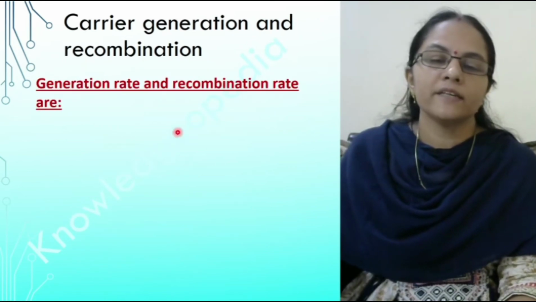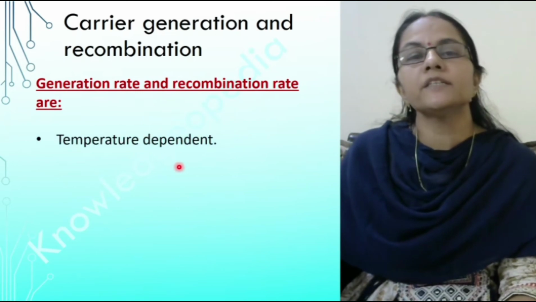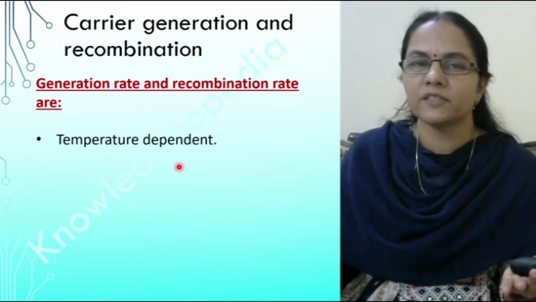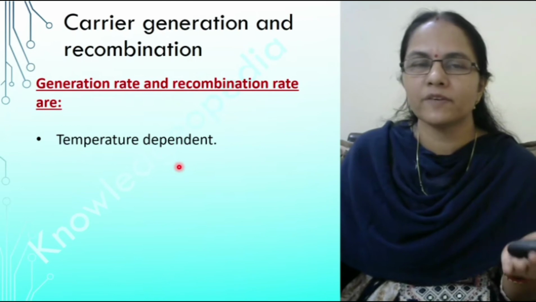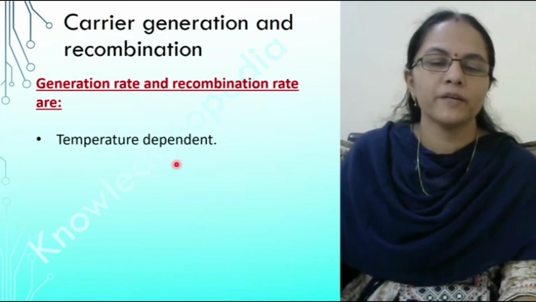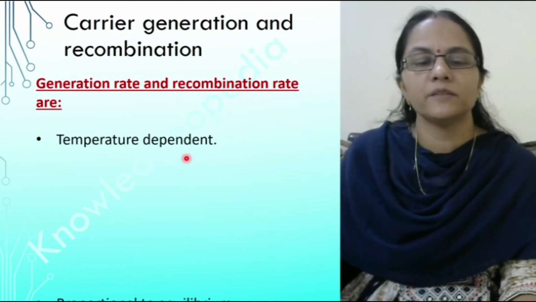This generation rate and recombination rate are temperature dependent. If we increase the temperature, we know that many bonds will break and the number of carriers will increase. That will increase the number of electron hole pairs. That means the generation and recombination rates are temperature dependent.